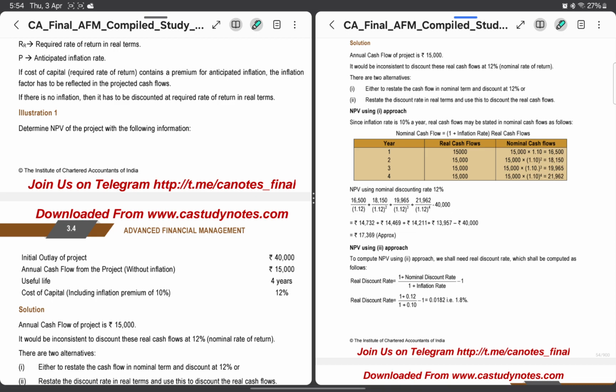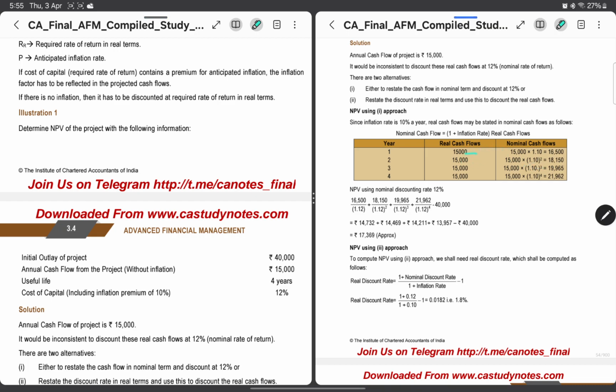Or we make the discount rate real and then discount the real cash flows. We'll first go with approach 1, wherein they've given the real cash flows, 15,000 for all 4 years. There are no yearly cash flows given here.